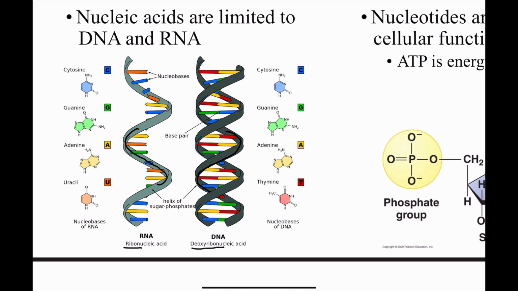And then we have our nitrogenous bases, which are these. Our nitrogenous bases, we can call them nucleobases. And the nucleobases that we have depend on whether we're looking at RNA or DNA. But there's 5 total. We have cytosine, guanine, adenine, uracil, and thymine.